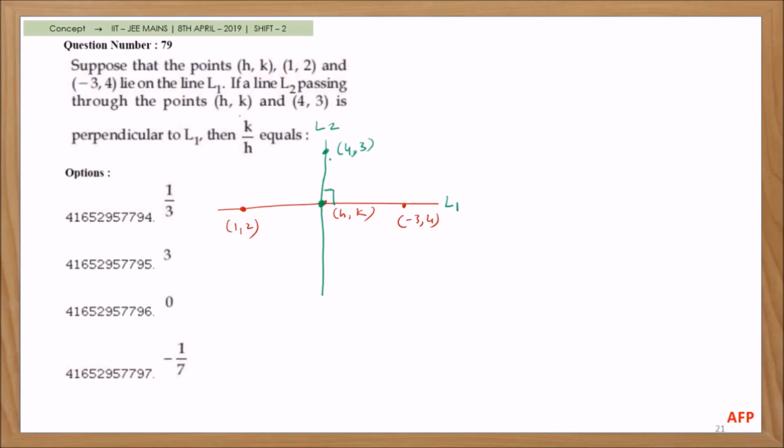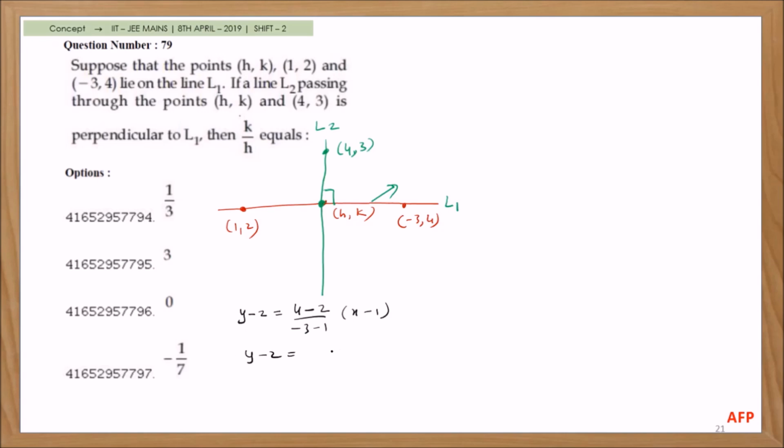So it is nothing but the foot of the perpendicular concept. So what is the equation of this line? I'll find the equation of this line. So y minus 2 is equal to (4 minus 2) divided by (minus 3 minus 1) times (x minus 1).